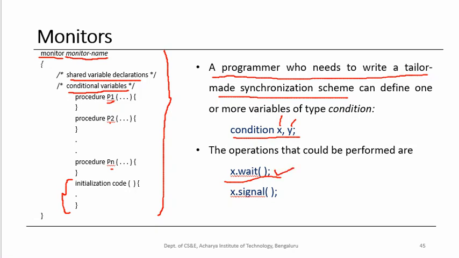And when the event occurs, any process can perform the operation signal. X.signal means that if any process is waiting on the condition variable X, it can resume its operation.